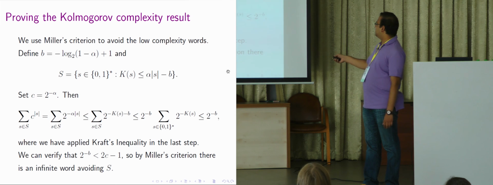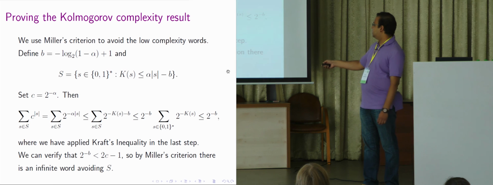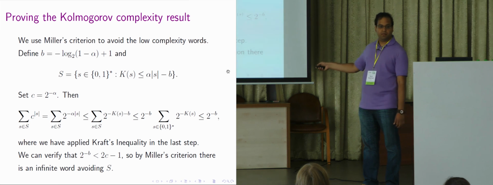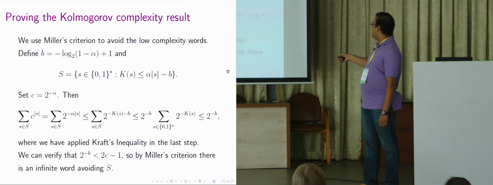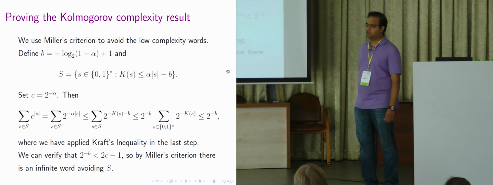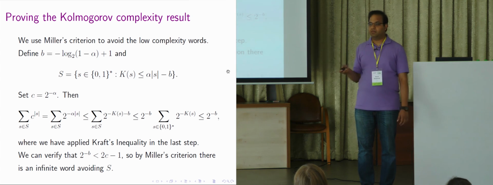Now, by hypothesis, alpha times the length of s is greater than K(s) minus b. So this sum here is less than this sum here. I take out the 2 to the minus b. I'm left now with this sum, 2 to the minus K(s) over all s in S, but I can just as easily take the sum over all s and get an upper bound.